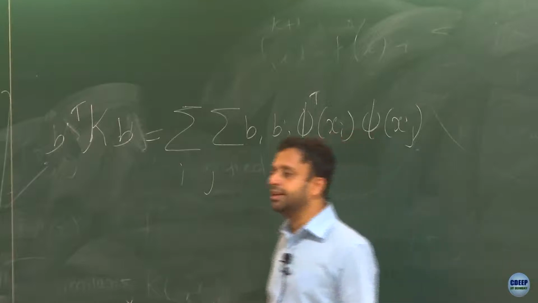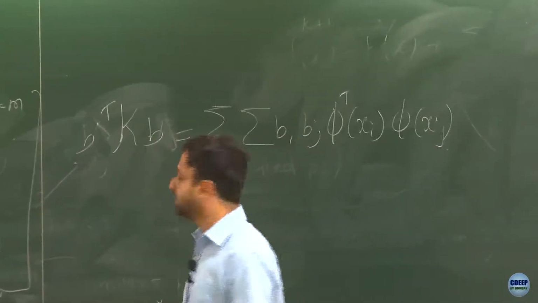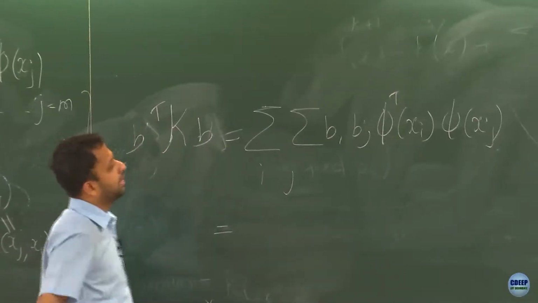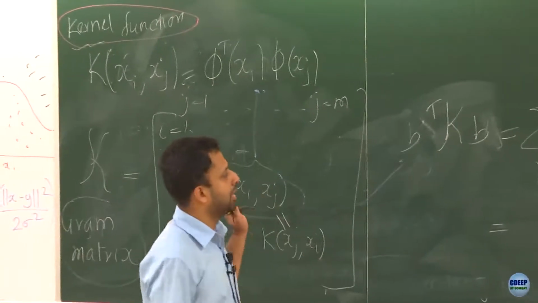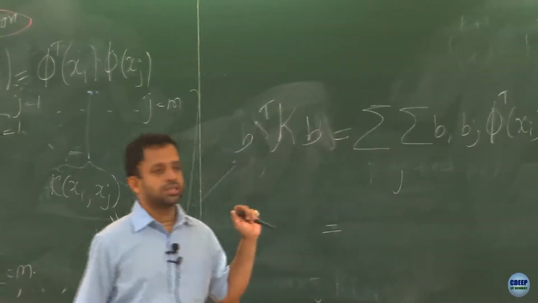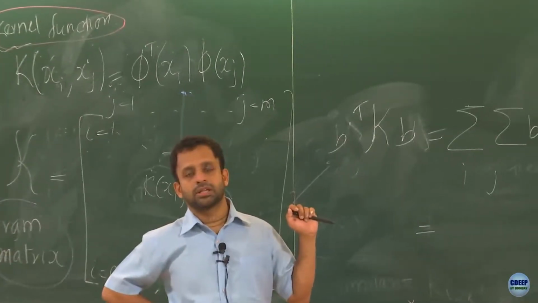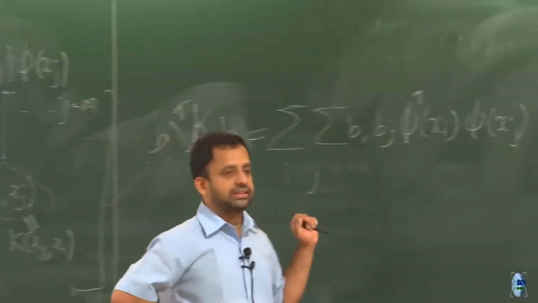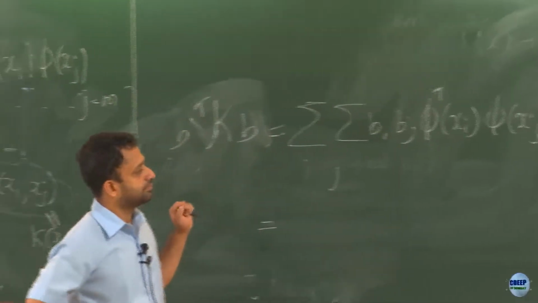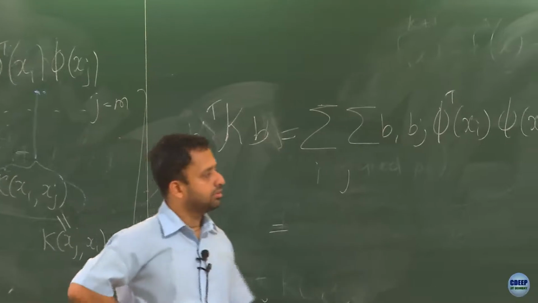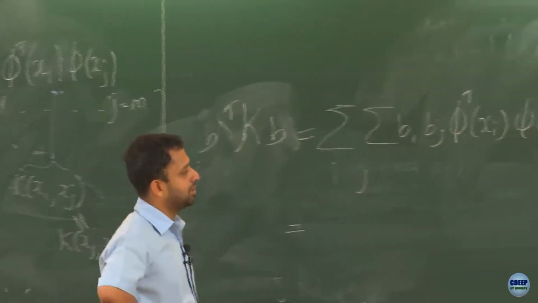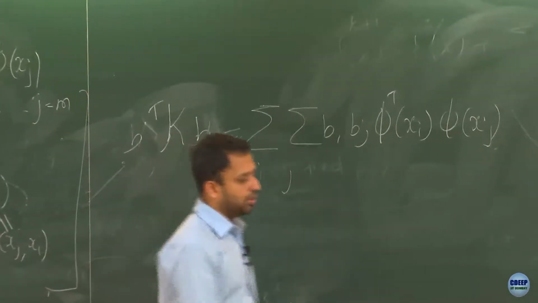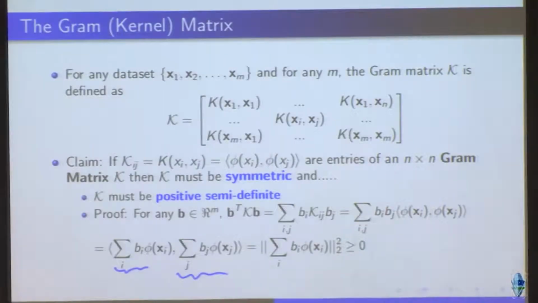Now, is there a way we can write it differently? This is a sum of products. Can I write this in any other form? You have said that we can actually write this as a dot product of two weighted vectors.